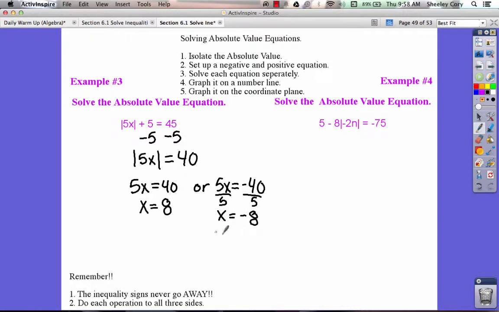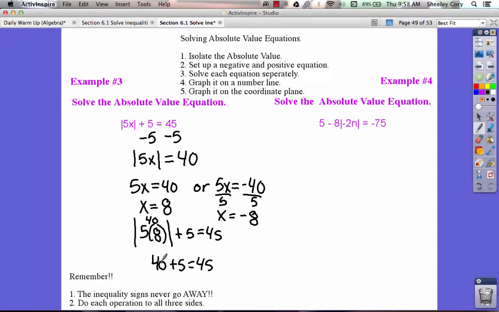So let's check and see the answers. Let's plug this back into the equation. When we plug it back in, we end up with the absolute value of 5 times 8, plus 5, equals 45. Well, this is 40, so the absolute value of 40 is 40, plus 5 equals 45.